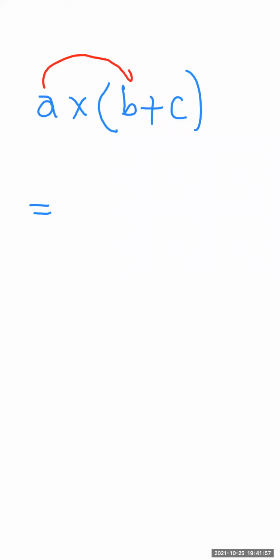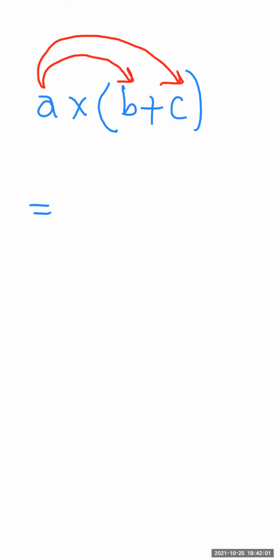So the last property about multiplication is the distribution of multiplication over addition and subtraction. What do I mean by that? If there's a number like a times brackets b plus c, this means a is multiplied by b and then by c.